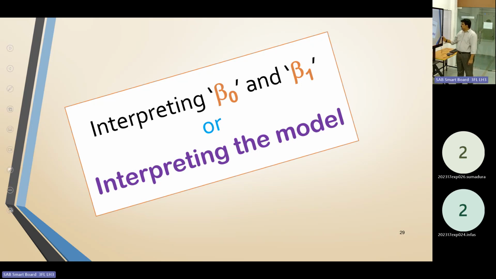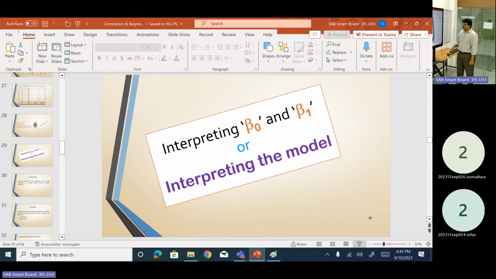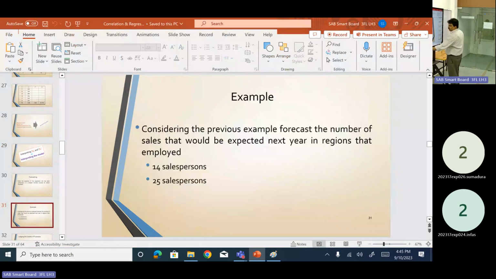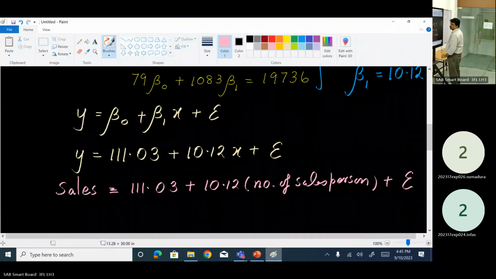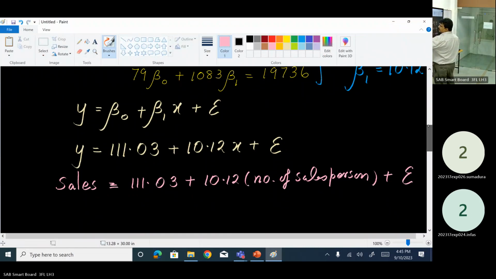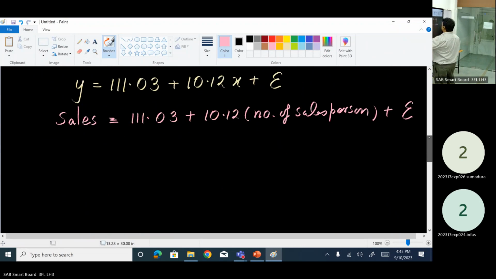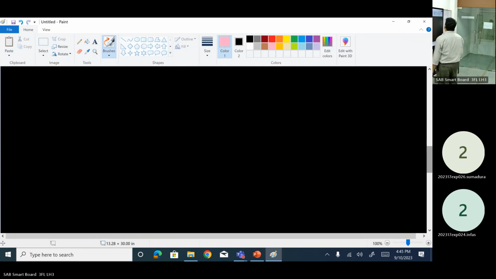So we'll take this model and try to interpret. First we'll go for beta 1.